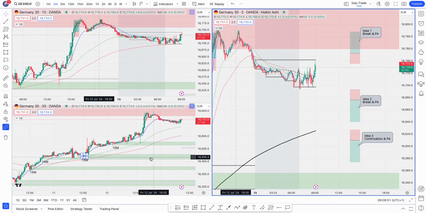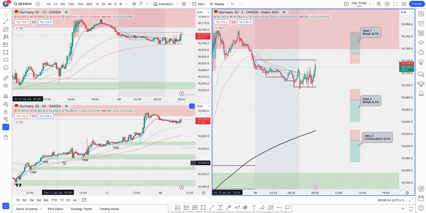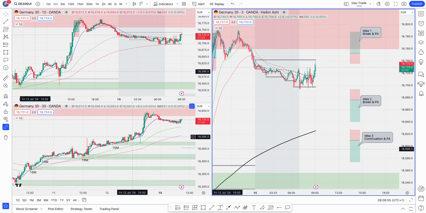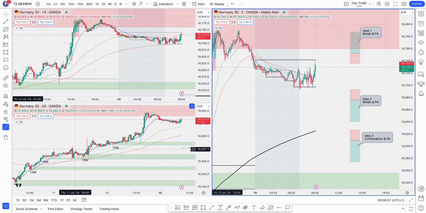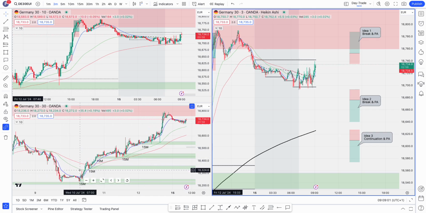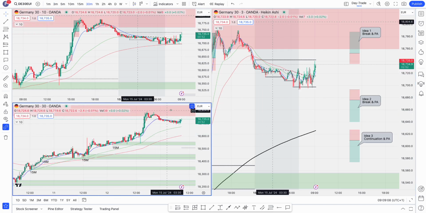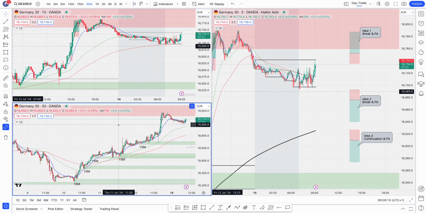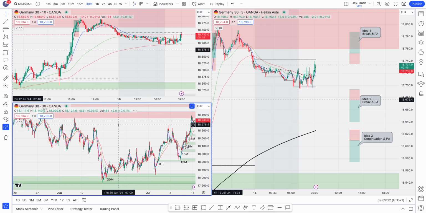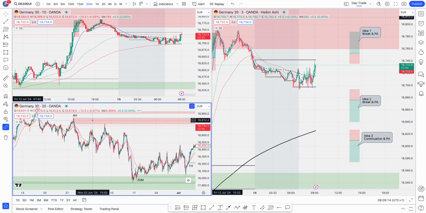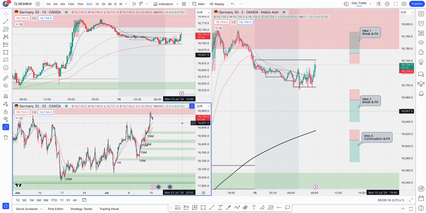So on the 30 minutes we can see this uptrend. So that has been going on since Wednesday, or even could be even earlier. Tuesday, Wednesday. But after this zone that has been created, you can see that zone is the one that we just mentioned, the 4 hour zone.